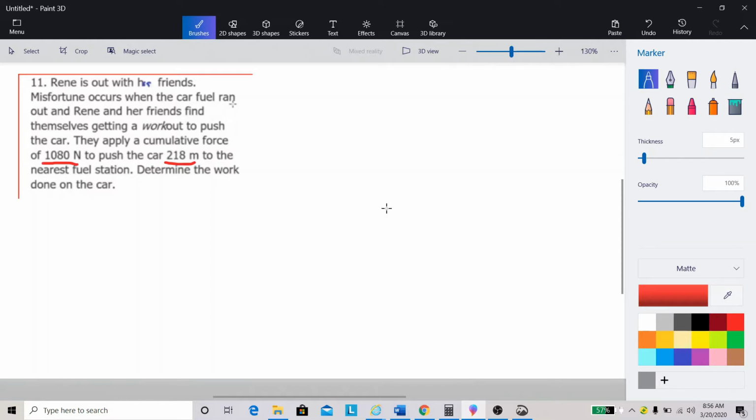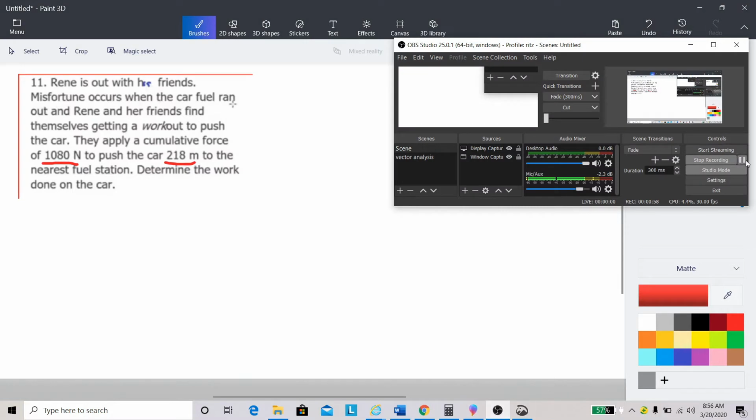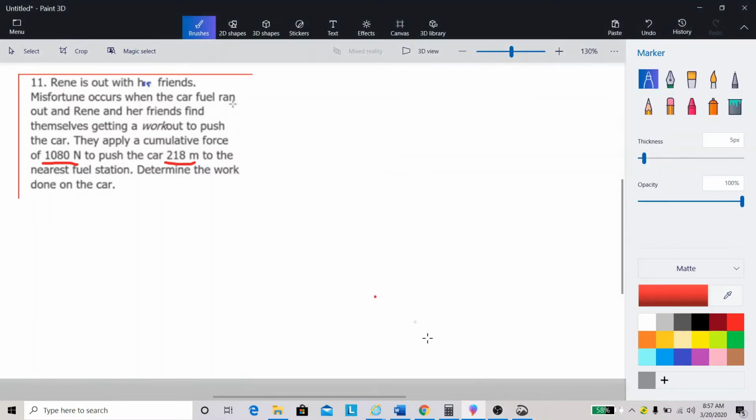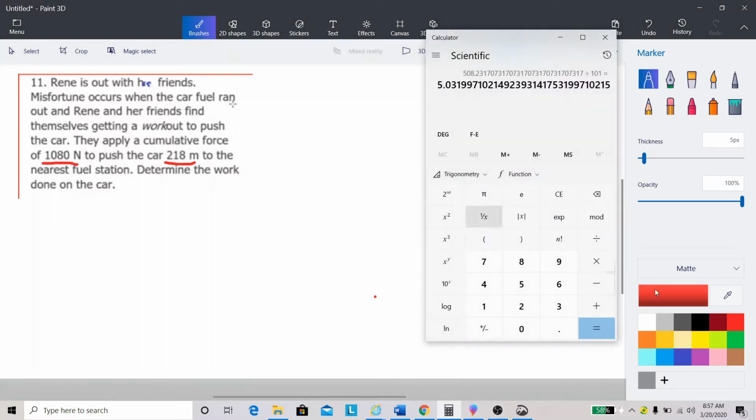So, alam na po natin 'yan. Wala na pong mahirap diyan. 'Yan na po yung talagang magiging sagot. Parang ganito lang yung mangyayari. Kunwari meron tayong calculator. So, yung force natin ay 1080 times the displacement na 218.